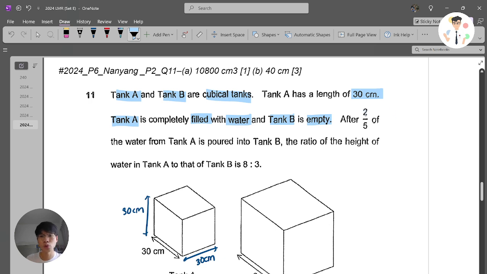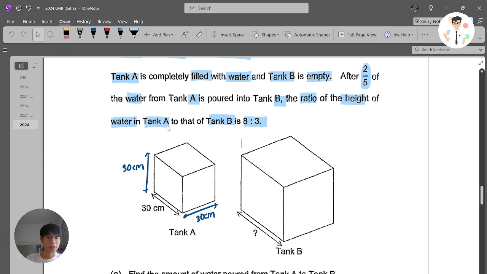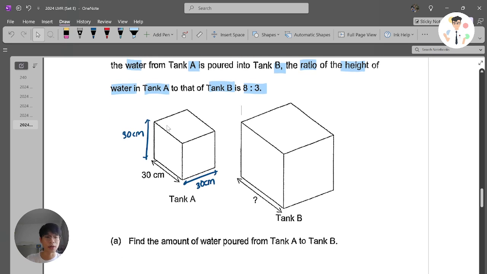And after 2/5 of the water from tank A is poured into tank B, the ratio of the height of the water in tank A to that of tank B is 8:3. And the question asks, find the amount of water poured from tank A to tank B.